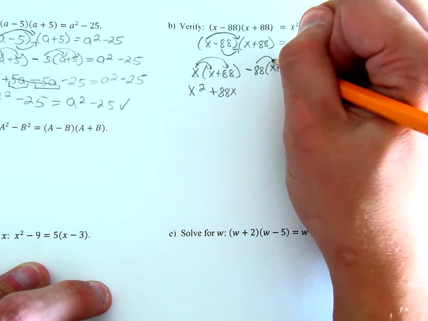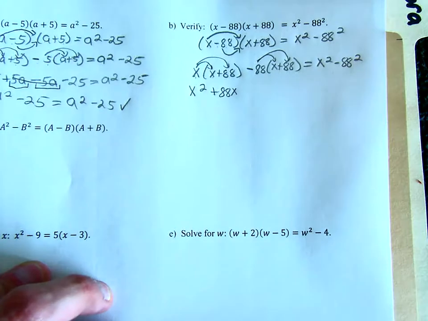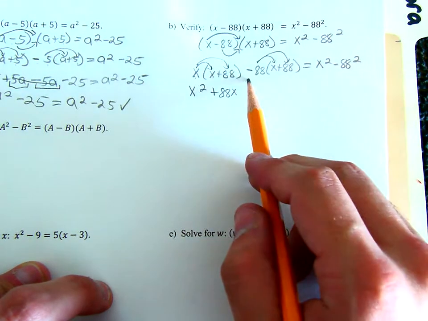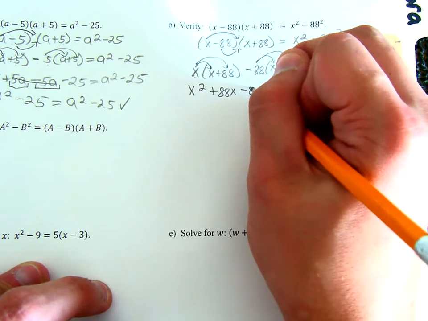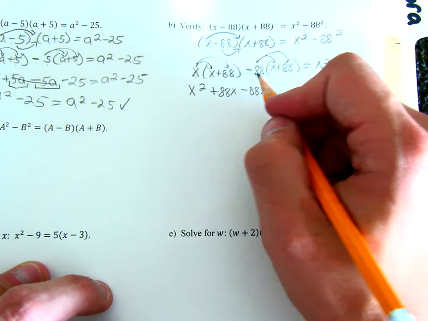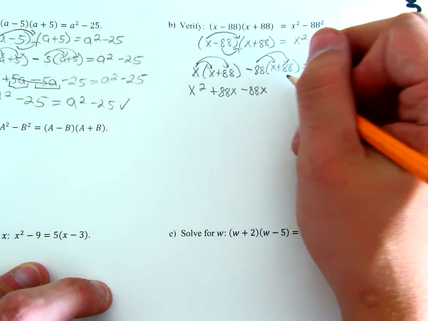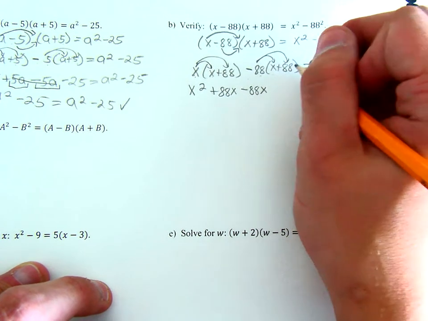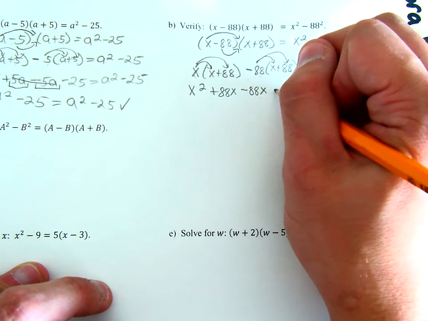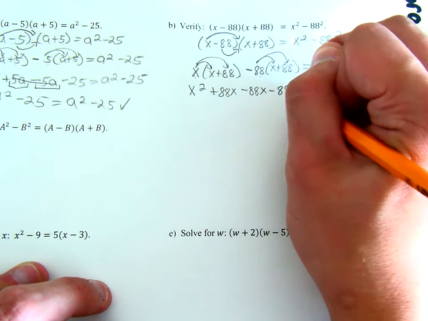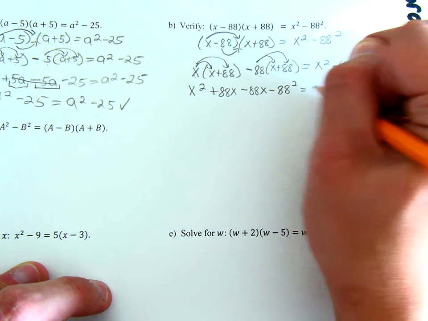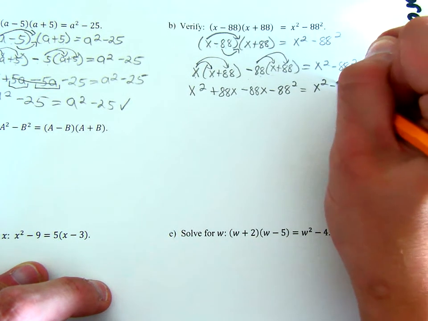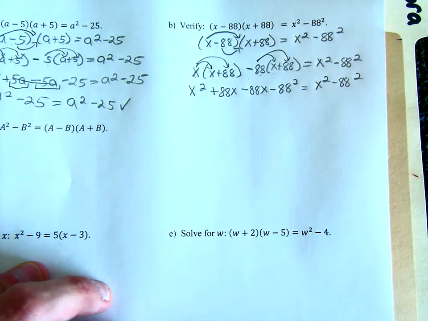And now we have this minus 88 times x and minus 88 times 88. Minus 88 times x is a negative 88x. Negative 88 times positive 88 is going to be minus 88 squared, which is equal to x squared minus 88 squared.